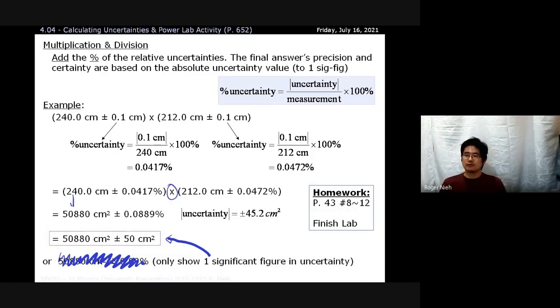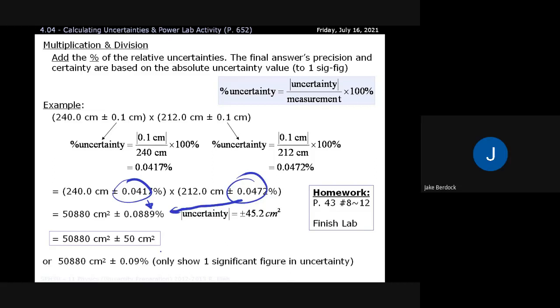So I'm multiplying 240 and 212 to get me to 50,880. Okay, so I got that 50,880 by multiplying those two. And as for errors, I'm just following this rule on top. Always add the percentage error. So we're adding the 0.04 plus another 0.04 to give us 0.08. Does that clarify your question? Yeah, thank you. Okay. All right.